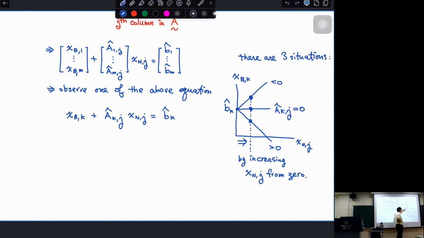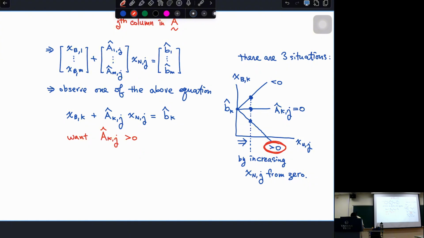So if we pick up the coefficient with negative, with this particular equation, x_bk cannot become 0. So we have to choose this particular case, the positive. So we want to choose a_kj to be positive.